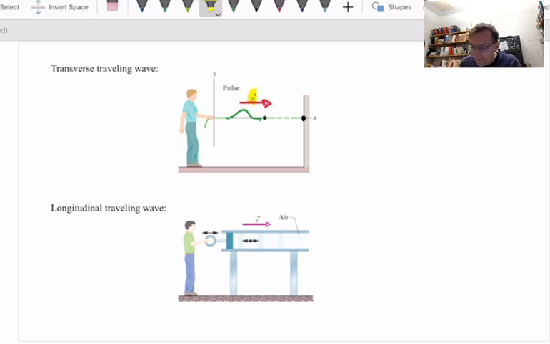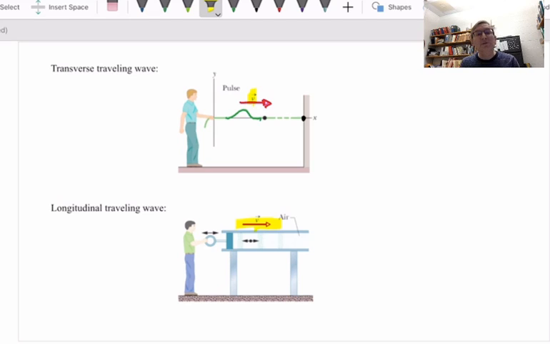And I will have a wave traveling with a velocity v to the right. But the air molecules themselves, and the air is the medium, are being disturbed back and forth, jiggling, if you like, back and forth. That's a longitudinal traveling wave, where the disturbance of the medium is in the same direction as the wave is traveling.